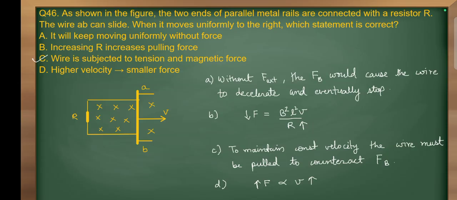So when the wire is pulled towards the right direction, the magnetic force will come into play, which will help in maintaining the constant velocity. So this option is correct. And from option B, if we increase the force, the velocity will also increase, that is both are directly proportional. So option D is wrong.